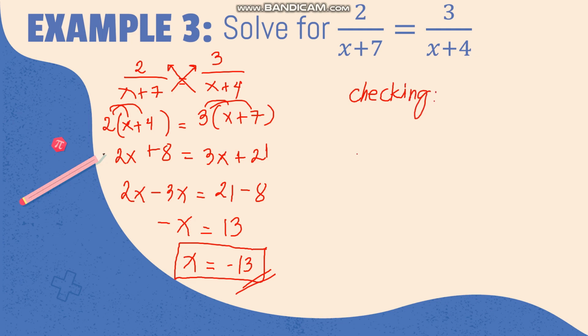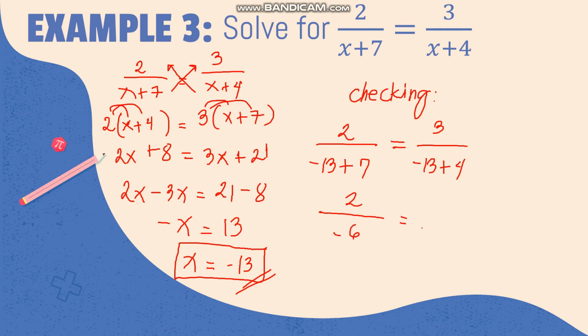So for checking, we just have to substitute. 2 over negative 13 plus 7 equals 3 over negative 13 plus 4. So we have 2 over, negative 13 plus 7 is negative 6, equals, then negative 13 plus 4 is equal to negative 9.